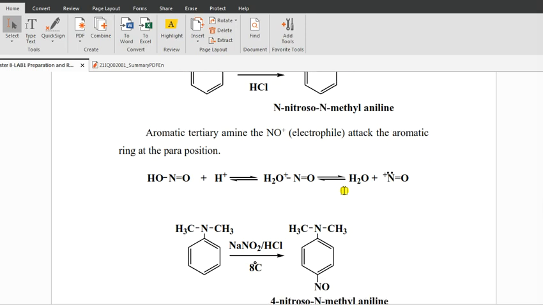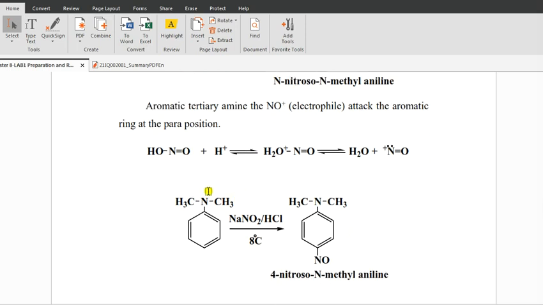With the tertiary amine, because there is no hydrogen on the nitrogen, and if this tertiary amine is aromatic, there is a chance to get electrophilic attack on the aromatic ring at the para position, like this product, 4-nitroso N,N-dimethyl aniline.